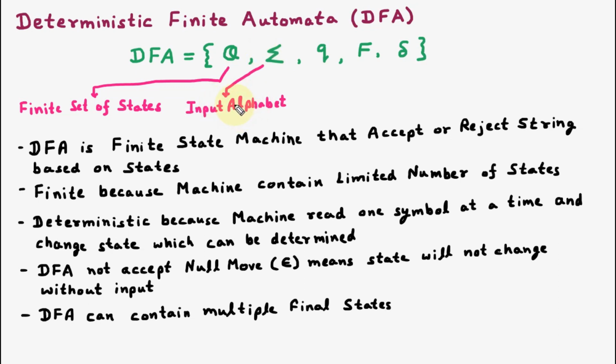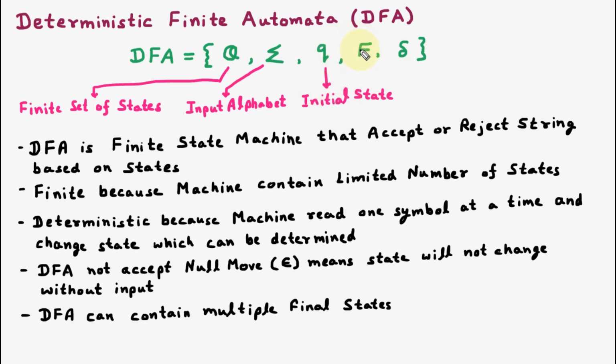Alphabet is the finite set of symbols which will be given as input to the DFA. Next element is small q, which is the initial state. This is the start state from where the DFA will start.